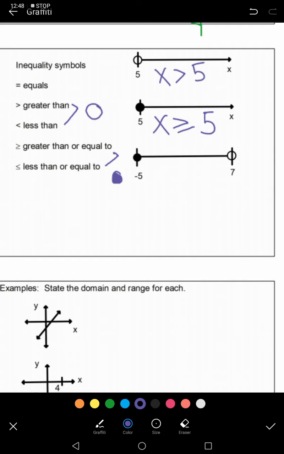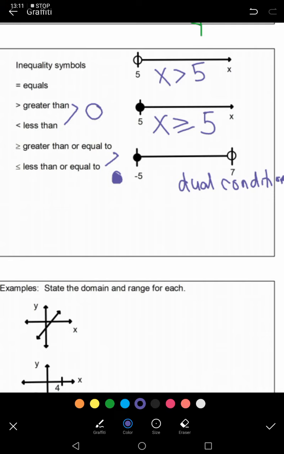Okay, so those are the simpler versions. If we look at this next one, it gets a little bit more confusing. This is something that we call a dual condition. So we have two conditions here.